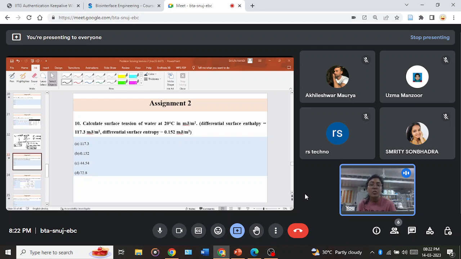Now think about where you related this surface tension with surface enthalpy and surface entropy. While I was going through the recap, I mentioned certain equations which talked about the differential surface enthalpy and the differential surface entropy.